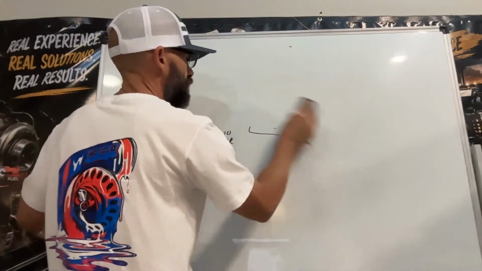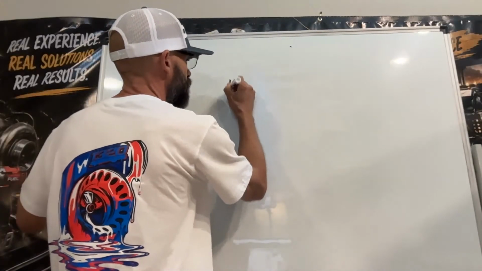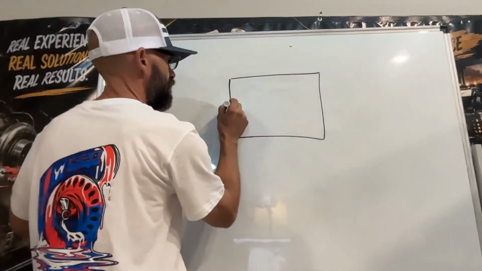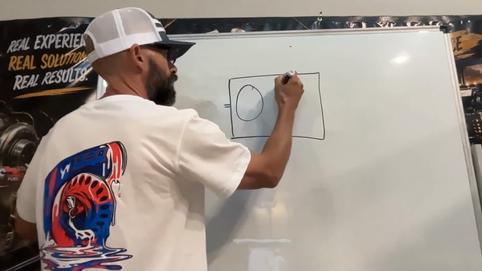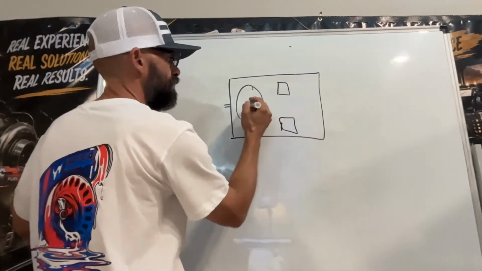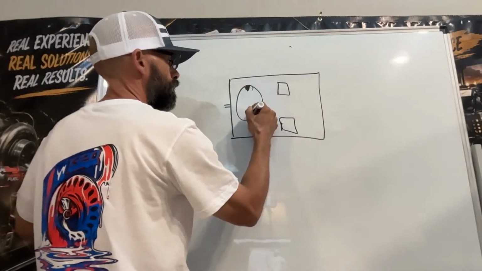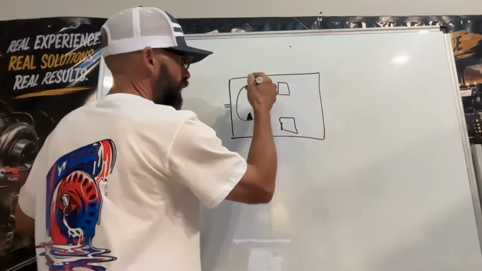So the top one, let me erase this and make it bigger. Let's say this is the pump. We said that this is the shaft going to the engine. This is going to be your rotating group, swash plate, whatever is inside here.